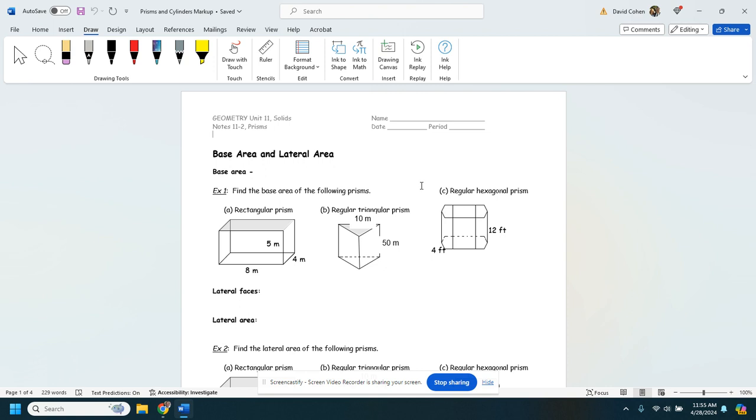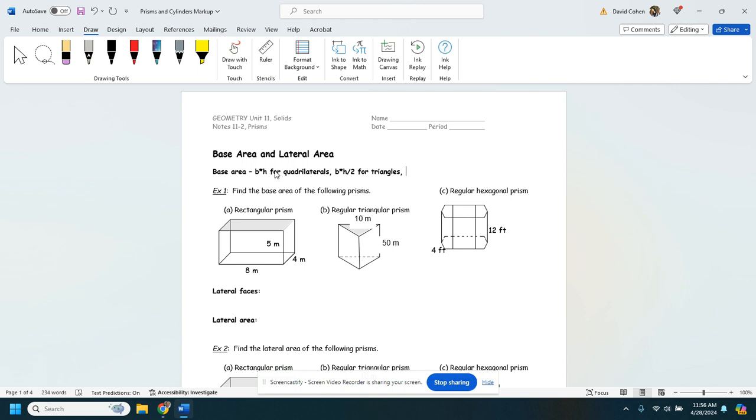So we're going to go over the base area and lateral area. We're going to start with the base area formula. That is going to be B times H for quadrilaterals. And that can be defined as B times H all over 2, and that's how you'll type it in your calculator for triangles.